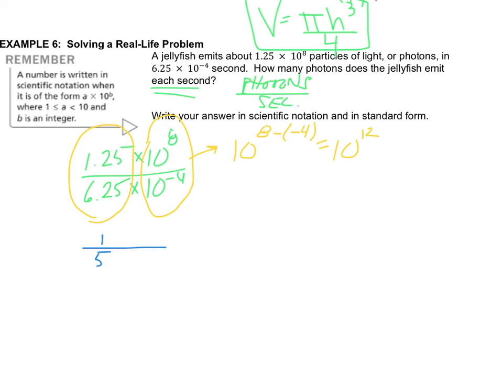So what I'm going to do is go back here and take out that piece, because now that I'm seeing what's happening here, we're going to have 1/5 times 10 to the 12th.